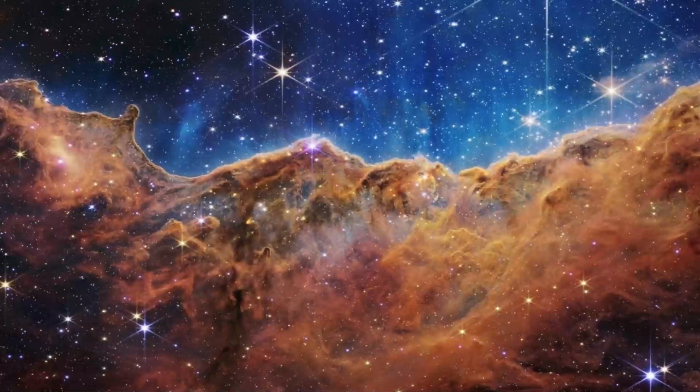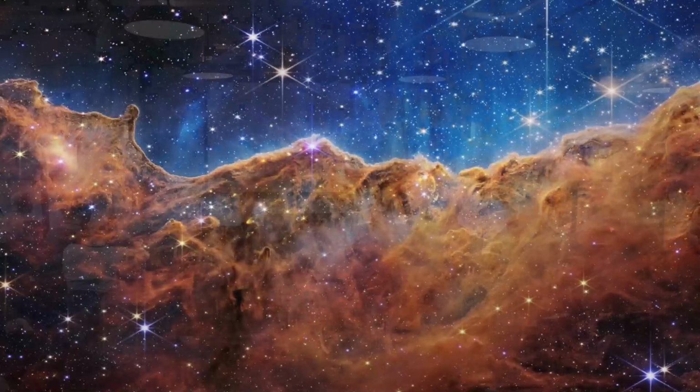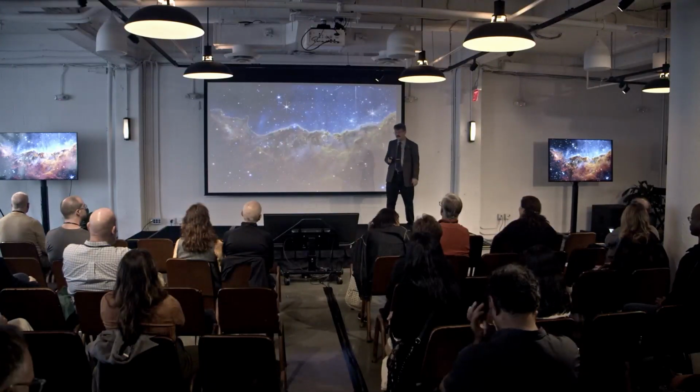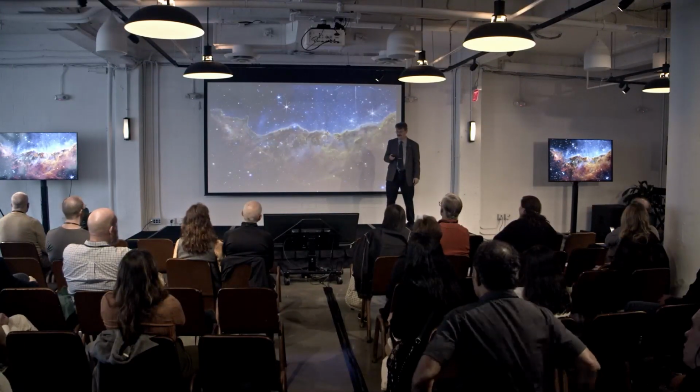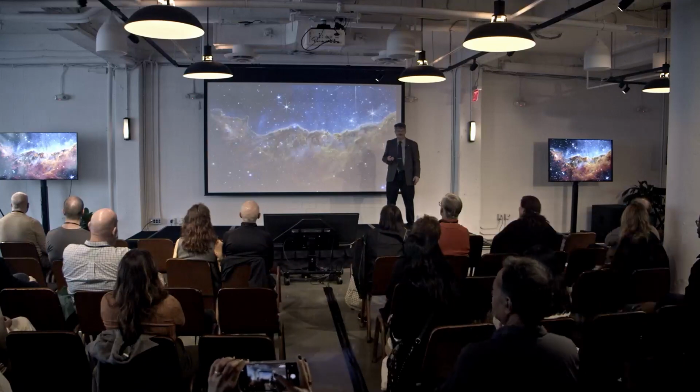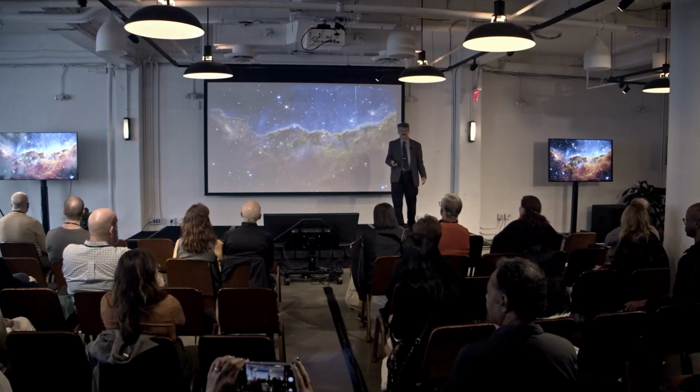Now this is a picture of a star-forming cloud within our own Milky Way in the Carina Nebula. And in this picture, there are lots of newly forming stars that appear as yellow in this picture. Now, star formation is a very messy process.